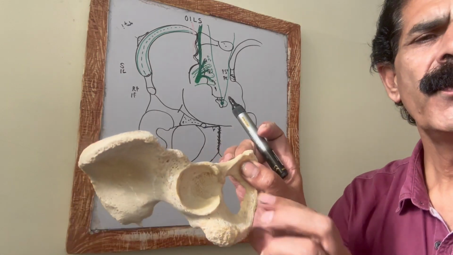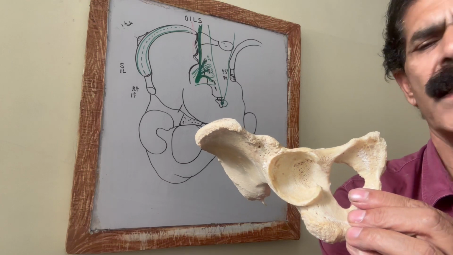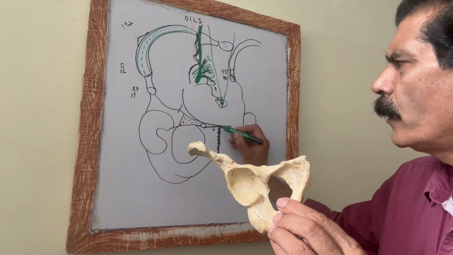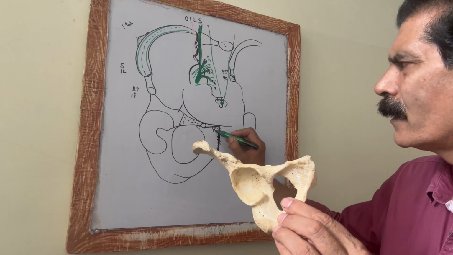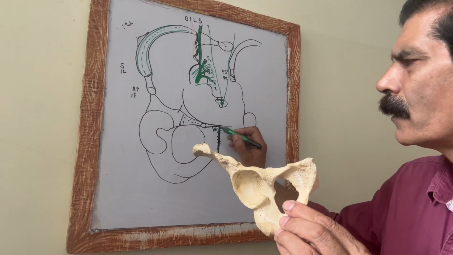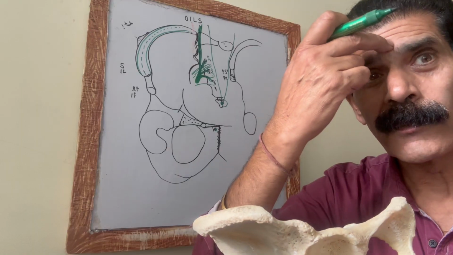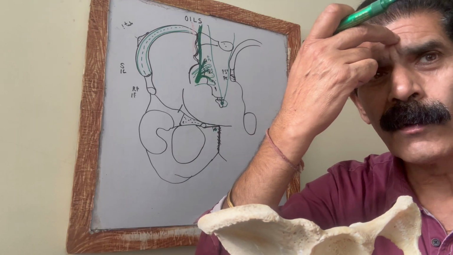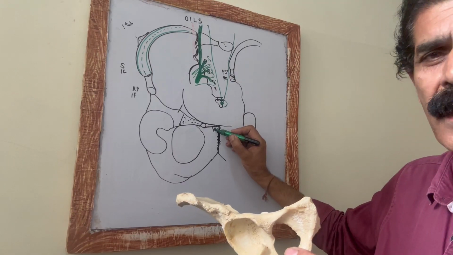Then comes the body of the pubis, which gives the origin of muscles. At the angle between the pubic symphysis and pubic crest is a small area, like the bindi a woman puts on her forehead. This small round bindi-like origin is the adductor longus.